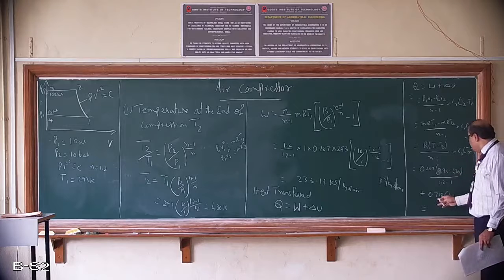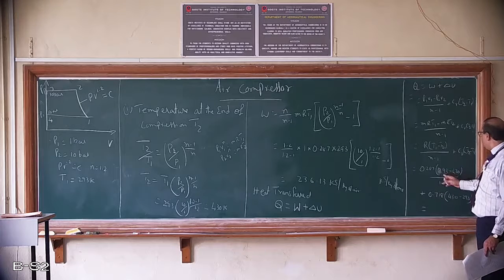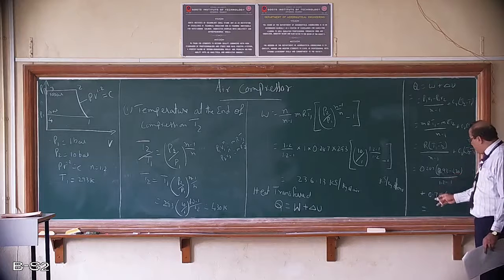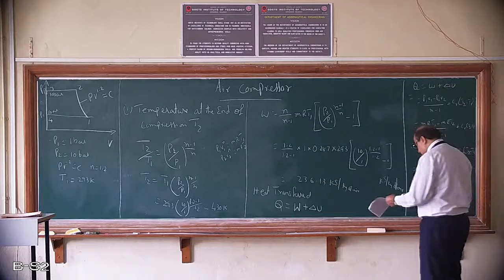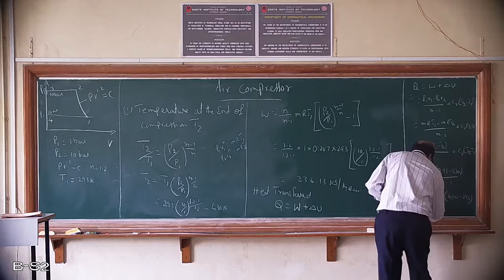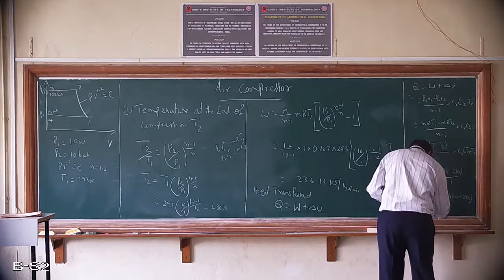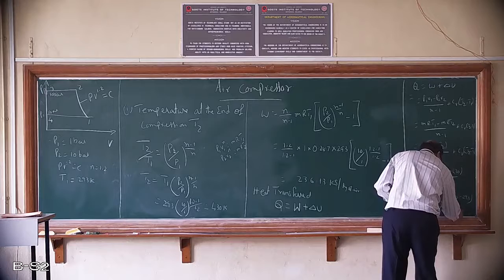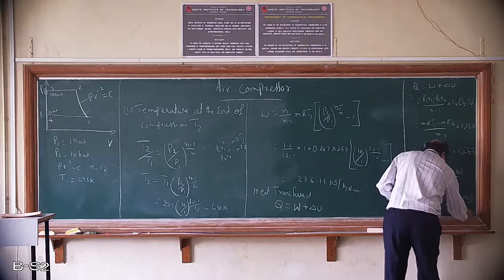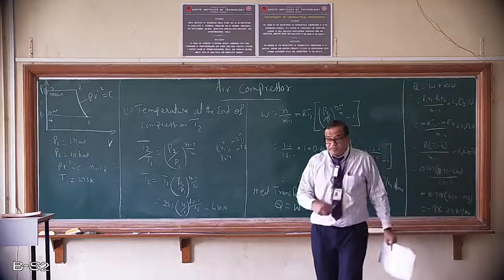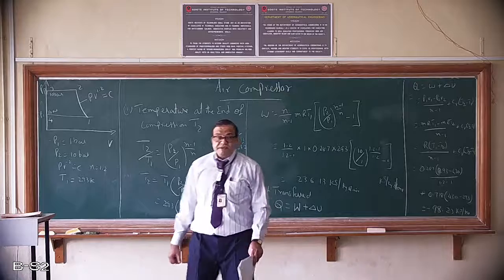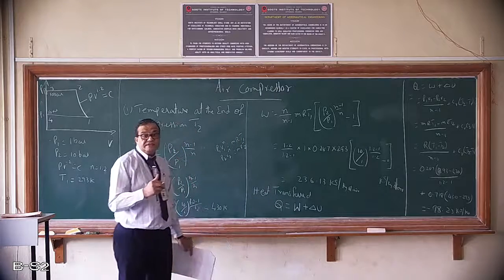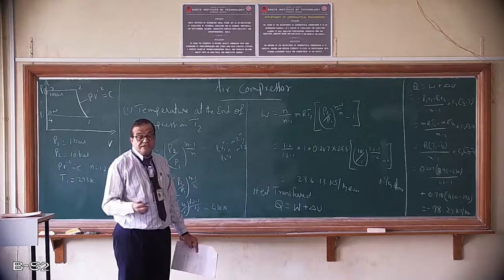So this can be written as R of (T1 minus T2), n by (n minus 1), and Cv of (T2 minus T1). Because here it is 293 minus 430, this will be negative. Whatever value we get here is negative, which means heat is transferred from the surrounding to the system. If heat is transferred from the system to the surrounding, it is positive.